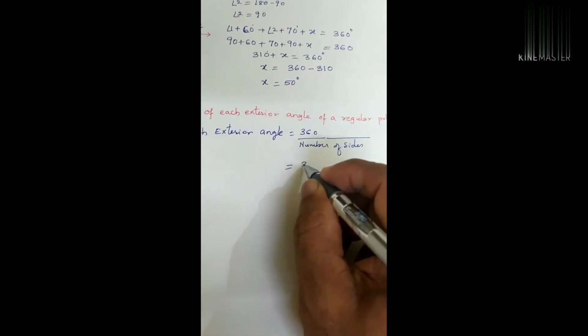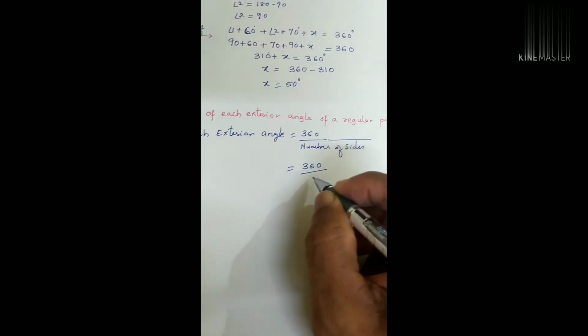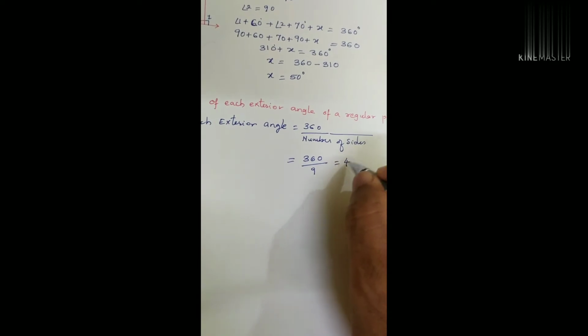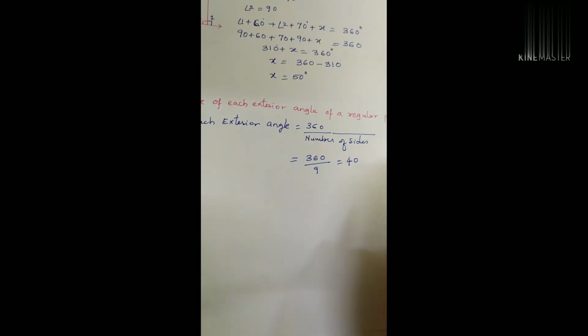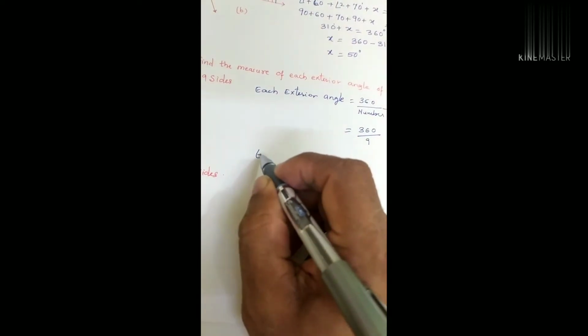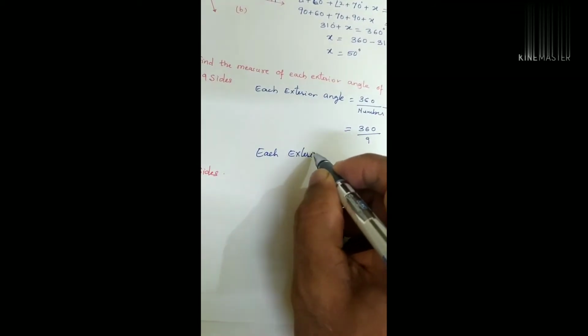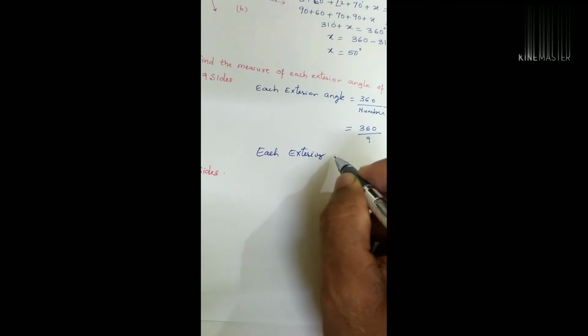So it is 360 upon 9, 9 4s are 36, so it is 40. So each exterior angle is of 40 degrees.